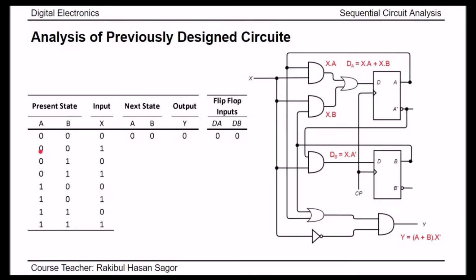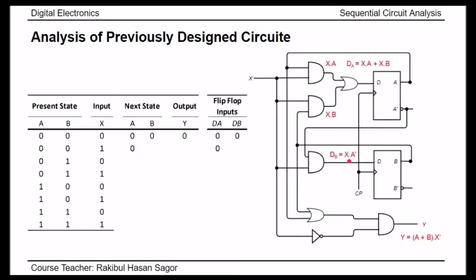Now let's go for second combination 0, 0, 1. Present state of A equal to 0, present state B equal to 0 and X input equal to 1. So what will be the value of DA? Let's put X equal to 1 but other values as 0. The value of DA will be 0, and the next state of A will be definitely 0.